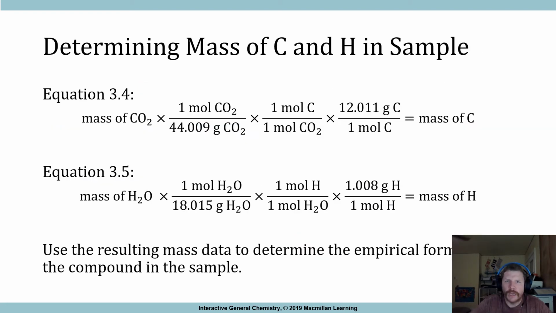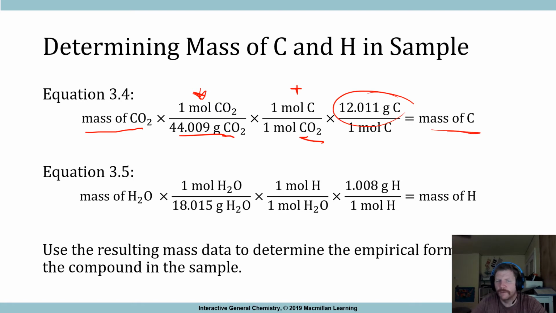Now, you can determine the mass of the carbon and hydrogen in that sample based on dimensional analysis. You'll be able to say the mass of the CO2 that we have in our absorbent substance, we can relate that to the molar mass of carbon dioxide, then say, well, we know that 1 mole of CO2 has 1 mole of carbon. 1 mole of carbon has a mass of 12.011 grams.